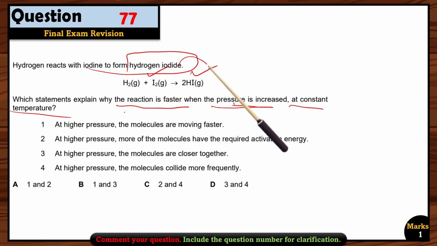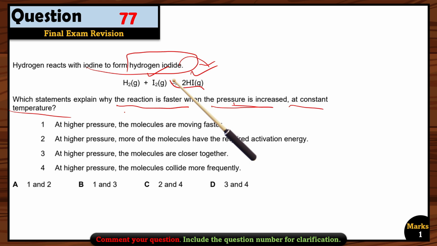It will not move towards the left or right side, because on both sides the number of moles are equal. But only the reaction rate will increase if you increase the pressure. Increasing pressure always increases the rate of the reaction. The reason is that when you increase the pressure, the volume of the gas decreases. So more particles come close together and they have more chance of collision, right?